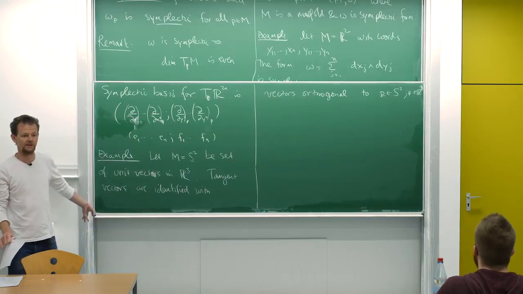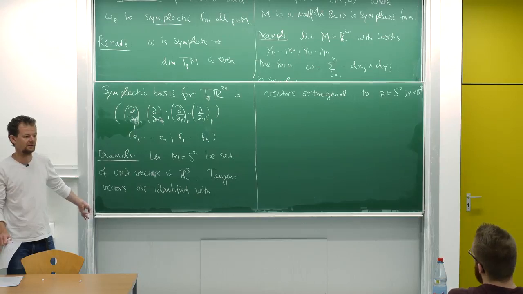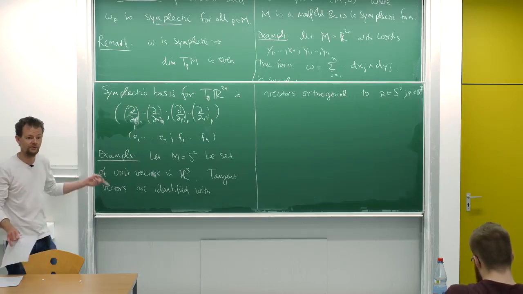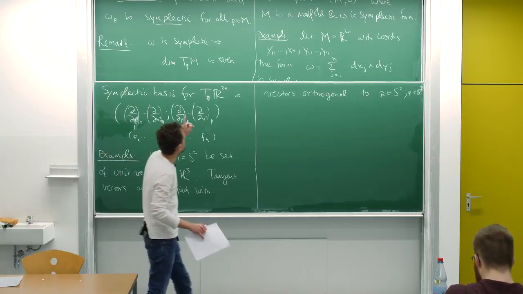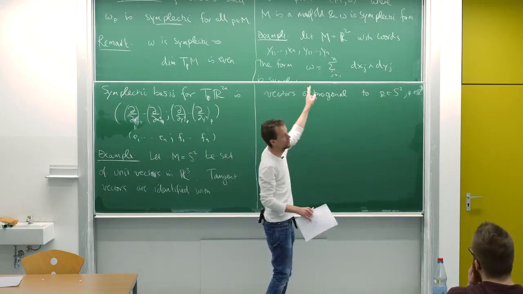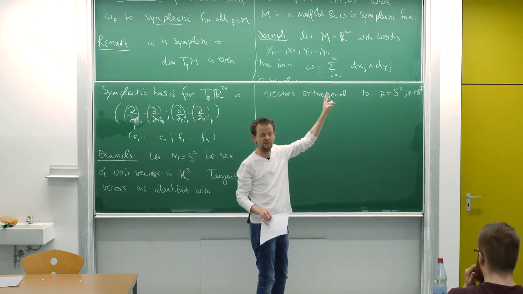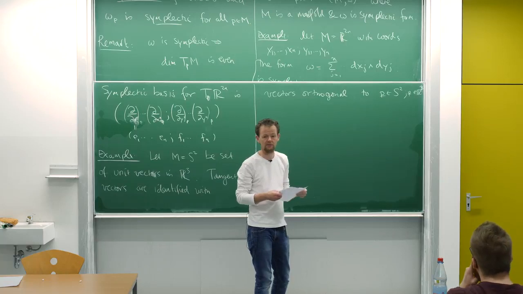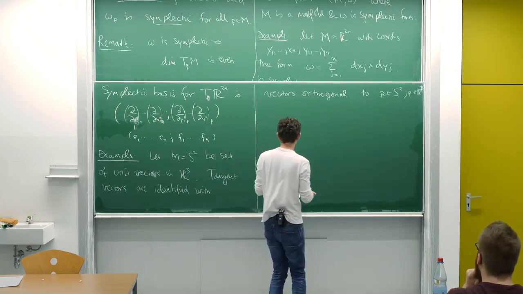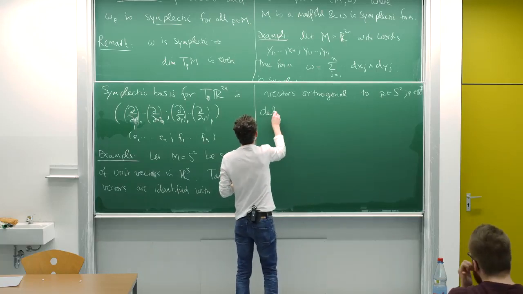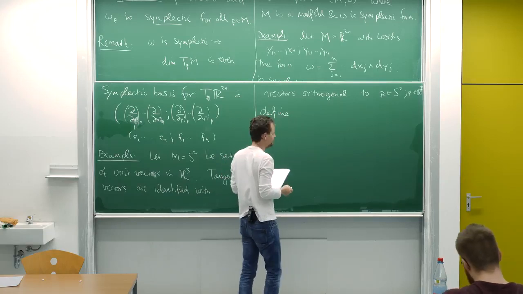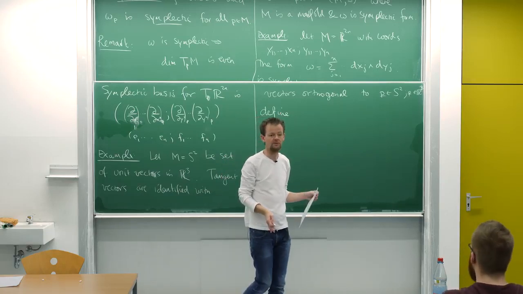We have a 2-dimensional vector space as a tangent space, but do we have a closed symplectic 2 form on this sphere? For that we need to be a little bit careful. If you experiment a little while, you'll come up with something like this.